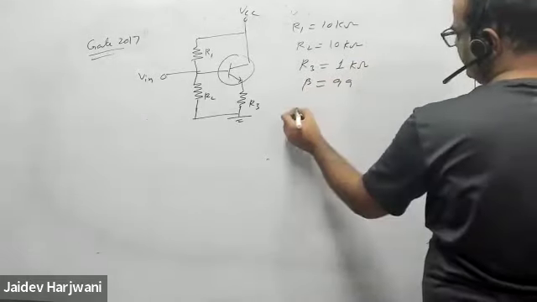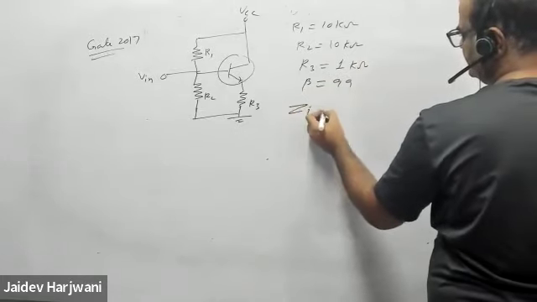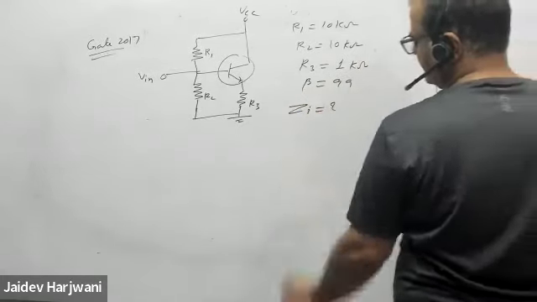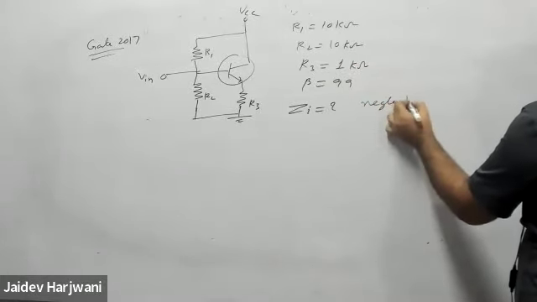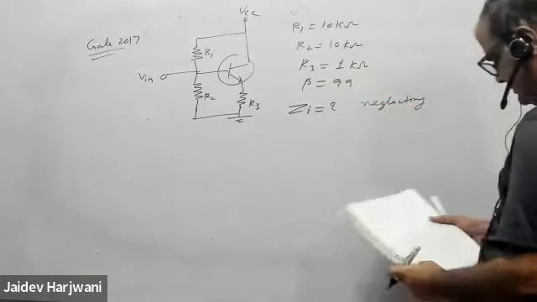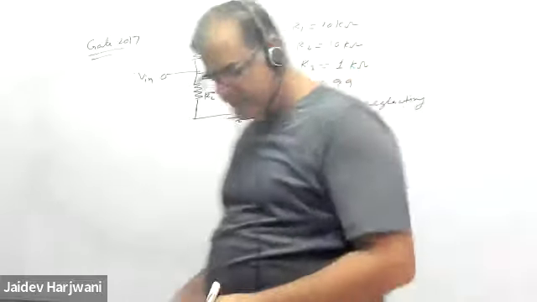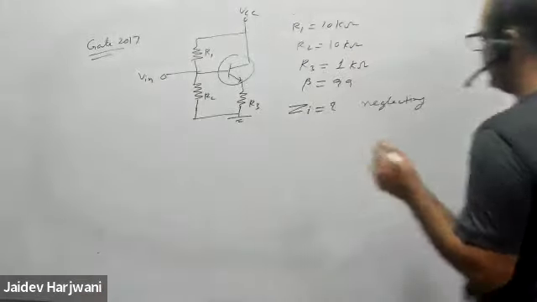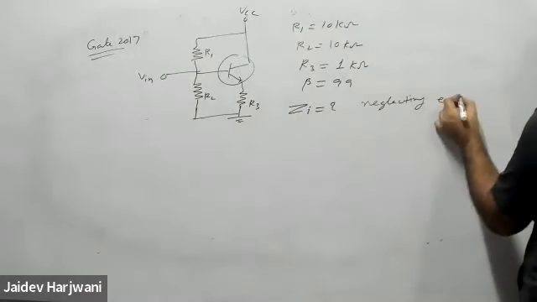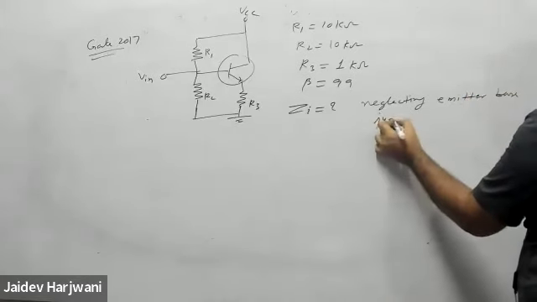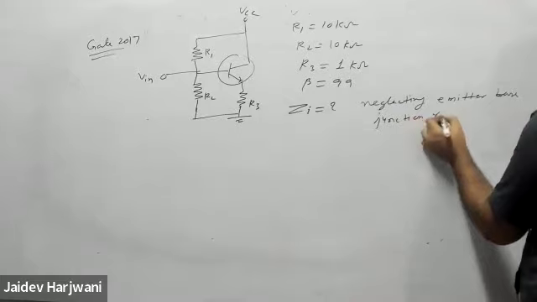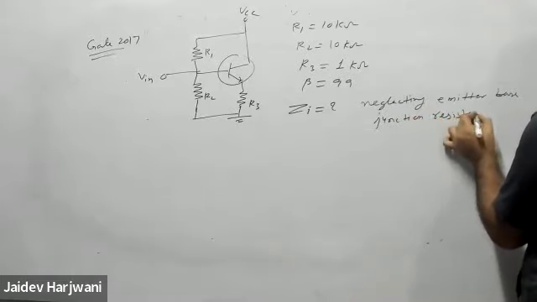They say find ZI, input impedance, neglecting ammeter base junction resistance.